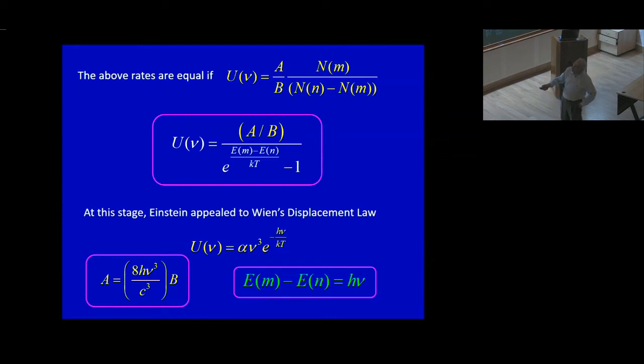Therefore, comparing these two equations, Einstein derived the famous relation between spontaneous emission and stimulated emission or absorption coefficient. So he said A is equal to 8h nu cubed by c cubed times B. And then using Bohr's principle, he said Em minus En must be equal to h nu. And that is Planck's law then.